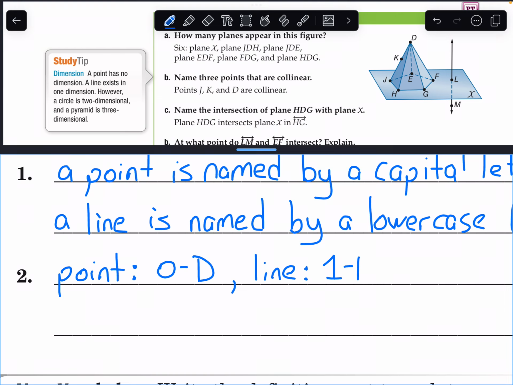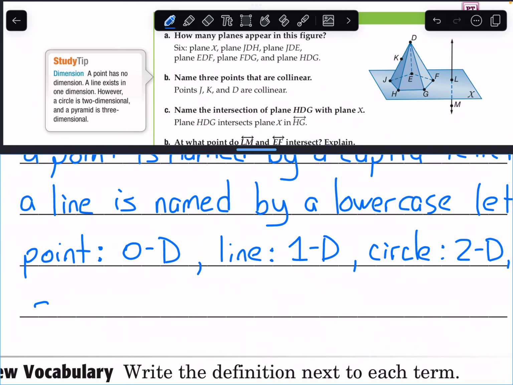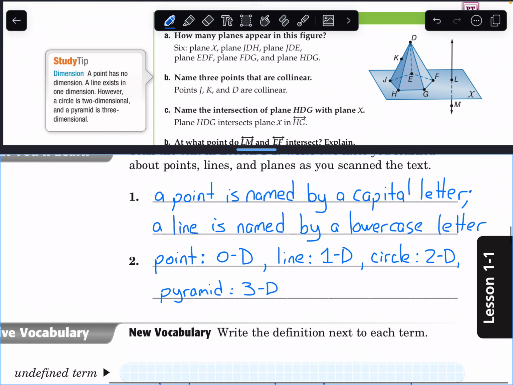A line is one-dimensional. Okay. A circle is 2D. And a pyramid is a 3D shape. Okay.